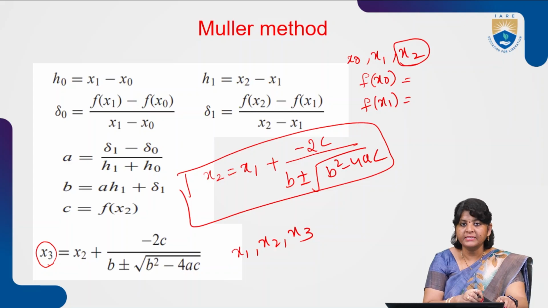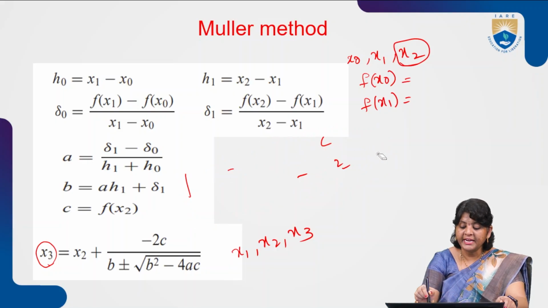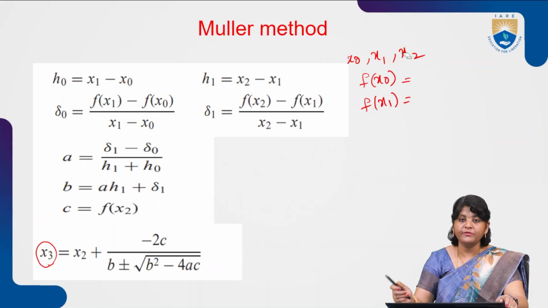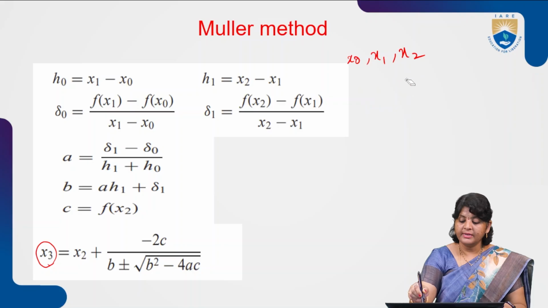In previous methods, that is bisection, regula falsi, secant, Newton-Raphson, in all these methods we take only 2 initial guesses and then find the root. But here we need to take 3 initial guesses. So based on the problem, we will select the initial guesses.